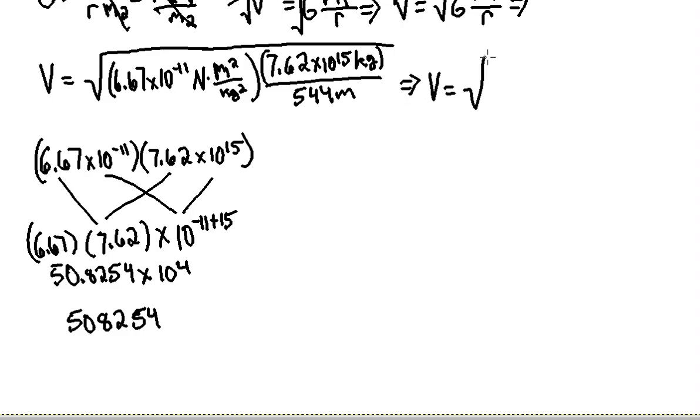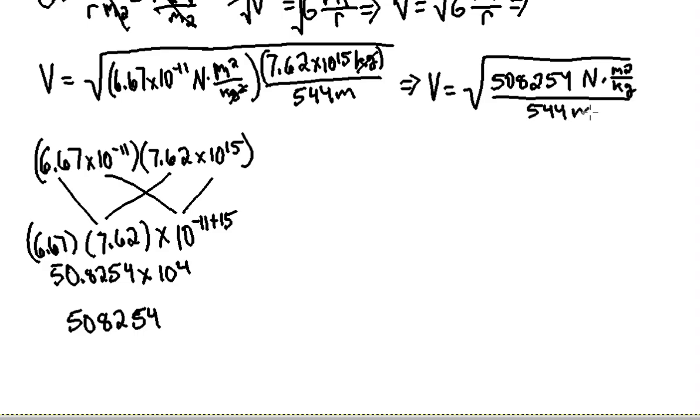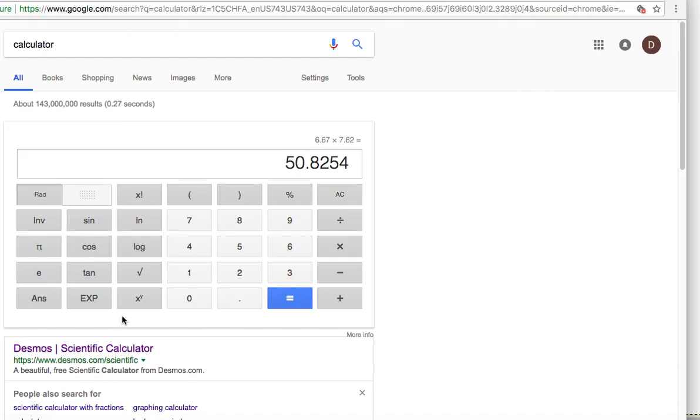So the velocity squared of this object is going to be 508,254. Our kilograms cancels out with this. So we have a Newton, or we canceled out the square kilogram, sorry. Newton times a square meter divided by a kilogram, all divided by 544 meters. All right, so let's divide those two through.